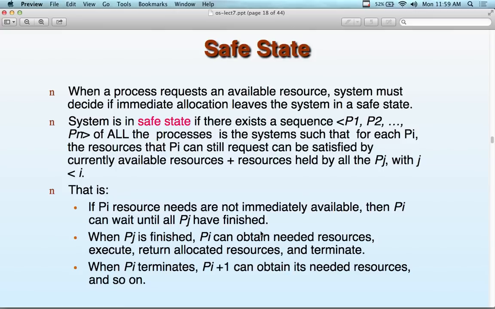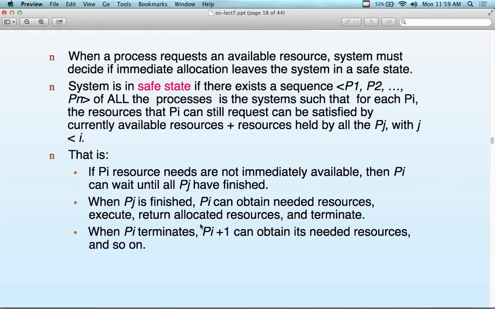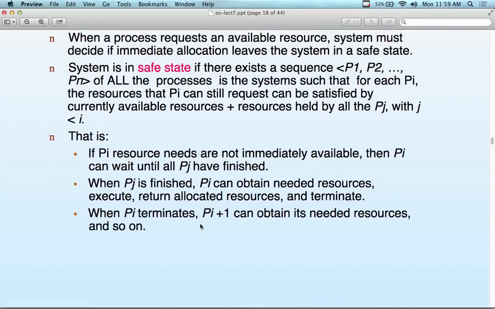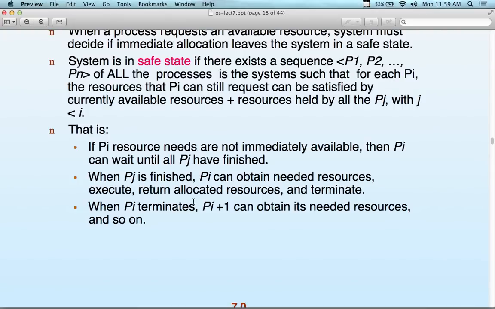Let's let it happen. So, if process one's resource needs are not immediately available, then P1 can wait until Pj has finished and then start next. If Pj has just finished, then P1 can obtain the necessary resources, execute, return the allocated resources, and then terminate.